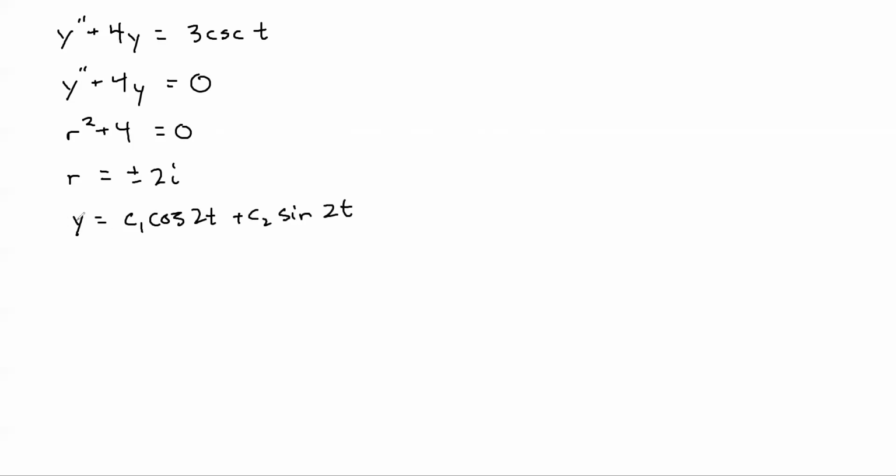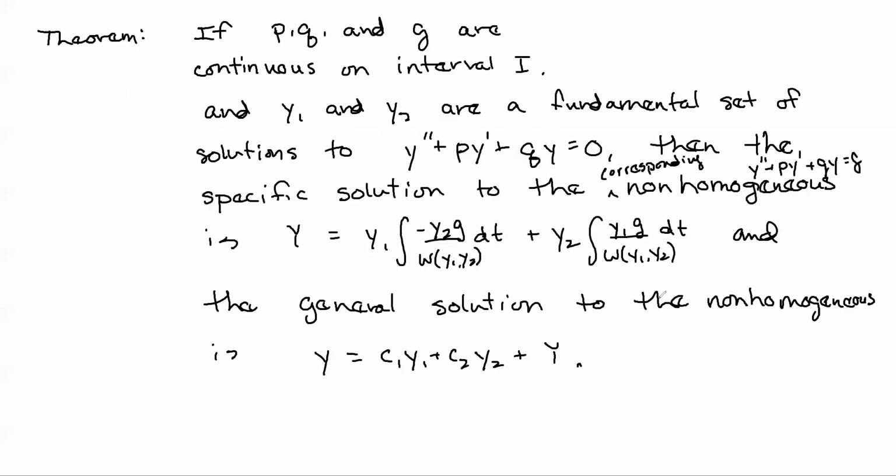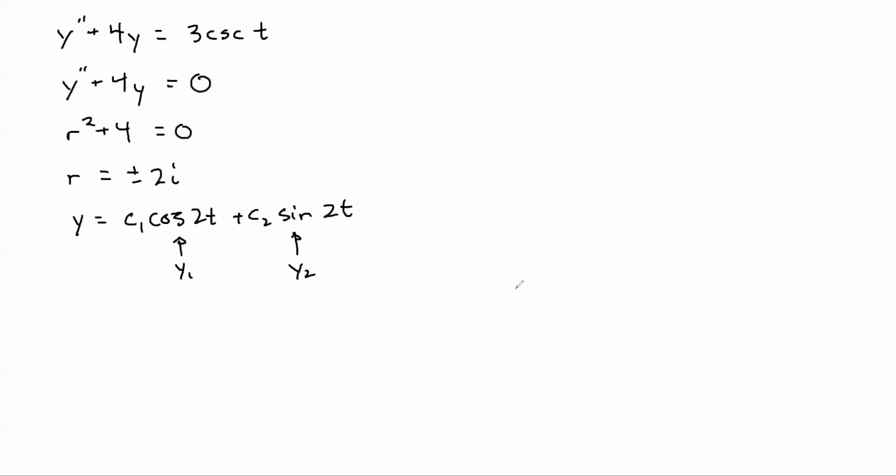All right, and this is the fundamental set of solutions to our homogeneous equation. This is going to be y1, and this is y2. And you can go through, if you want, and calculate the Wronskian, and you get that it's non-zero. So now we've got y1 and y2. Once we have y1 and y2, you're just going to plug it all into this formula, and hopefully out will pop the specific solution.